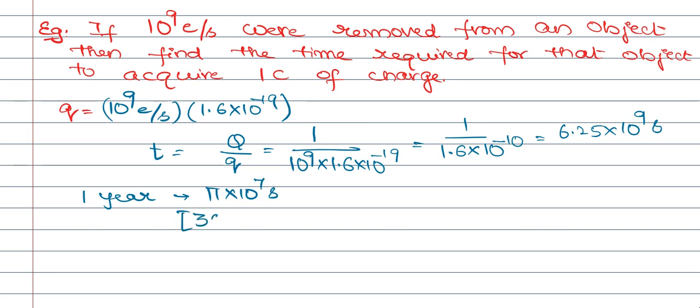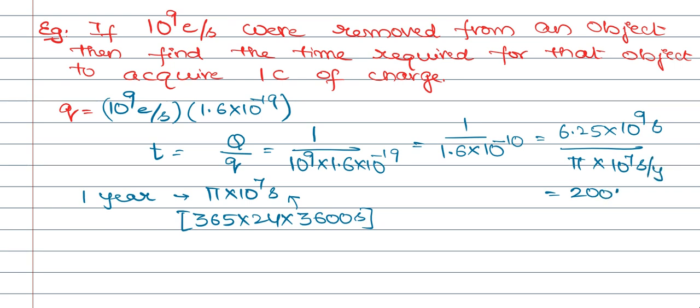Just count this: 365 days into 24 hours, and each hour has 3600 seconds. If you solve that, you'll get this. If I divide this with pi into 10 to the power of 7 seconds, this will be closest to 200 years, which is very tough. So 1 coulomb is a very large charge. That's why we use micro, nano and picocoulombs.